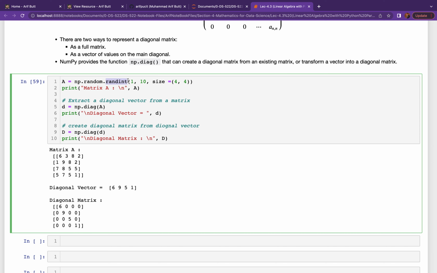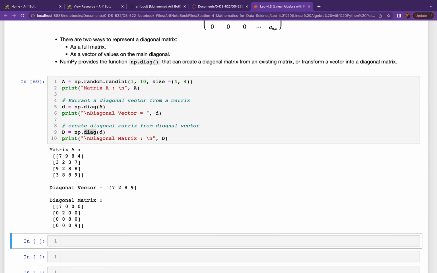We can extract the main diagonal of matrix A by passing matrix A to the NumPy diagonal method, or diag method. So this will just extract the diagonal elements, that is 6, 9, 5 and 1. Similarly, if you have the diagonal vector, you can reconstruct the diagonal matrix by passing the diagonal vector to this diag method, and this is what is shown over here.